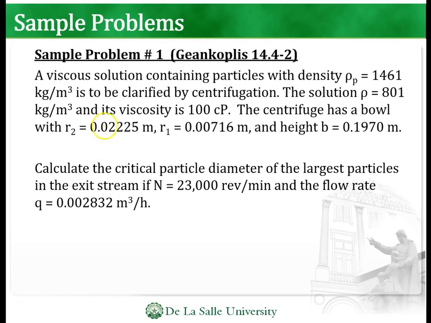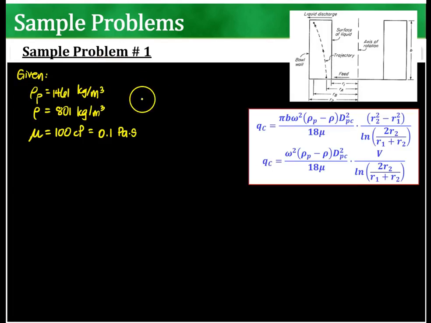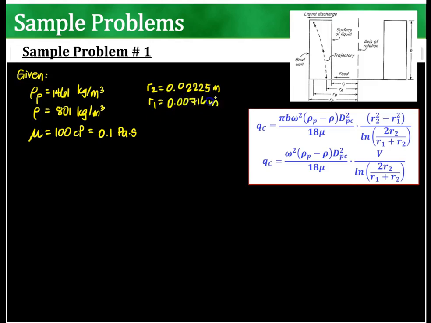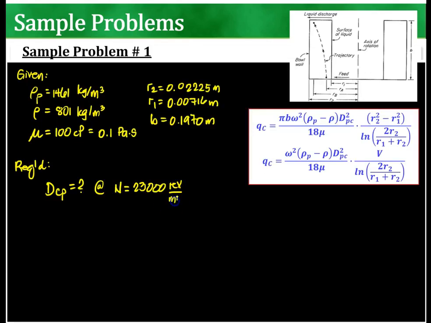And then you're given the radii. Radius 2, the bigger radius, is 0.02225. Radius 1 is given to be 0.00716 meters. Height B is 0.1970. What's required is the cut diameter. This is when the revolution is 23,000 rev per minute and at Q of 0.002832 cubic meters per hour.